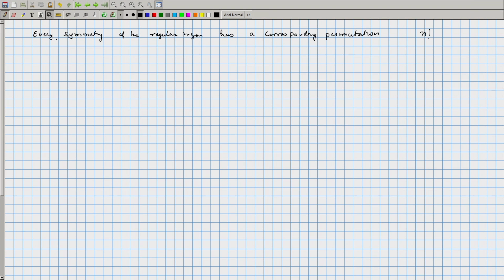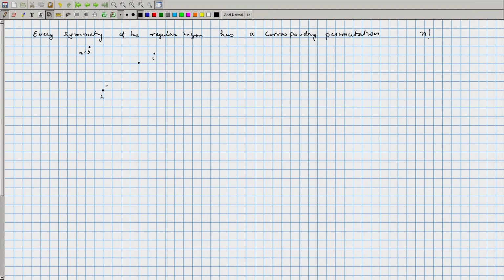Okay. Since it is describable by a permutation, if we look at vertex 1 and where it goes to, does it go to vertex i, does it go to vertex n minus 3, and so on. So, that is one piece of information that we would need. Let us say 1 goes to some location. Okay.